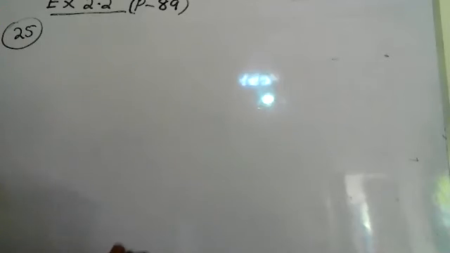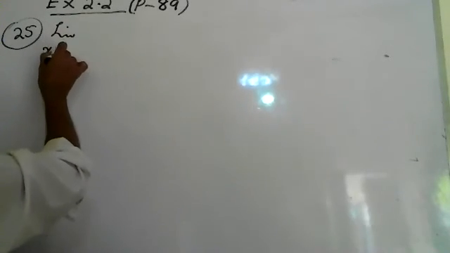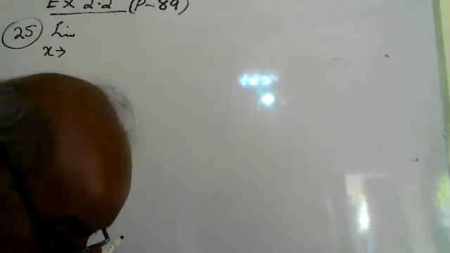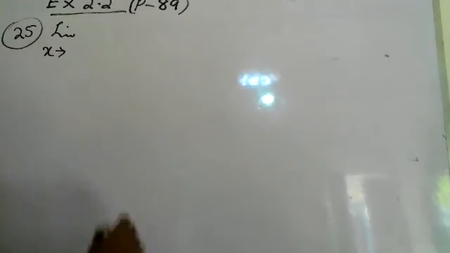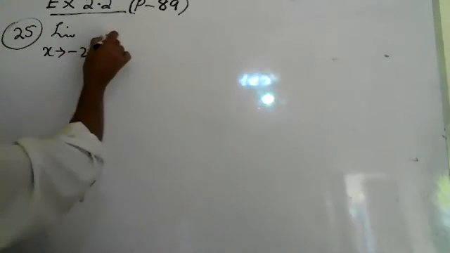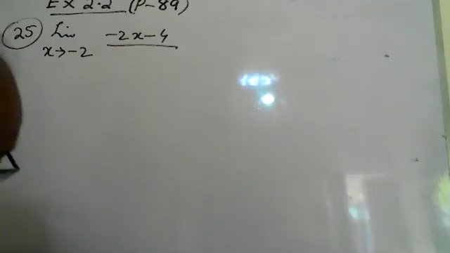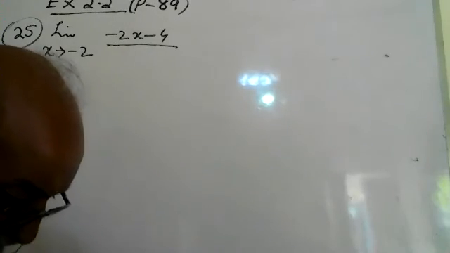Limit x tends to minus 2 of minus 2x minus 4 over x cube plus 2x square.